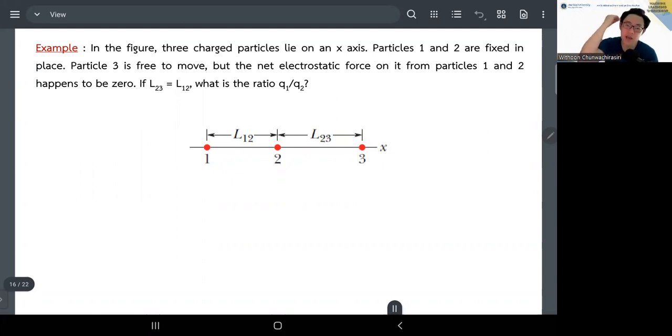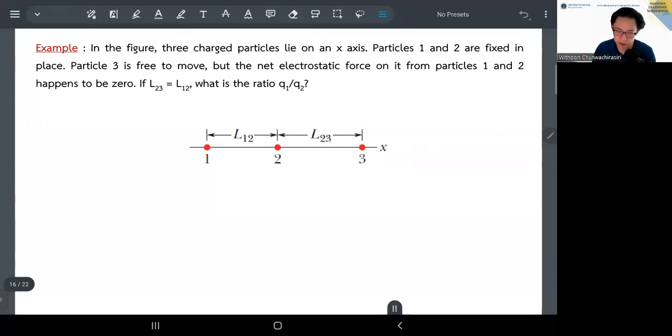All right, but I think you guys get an idea of what we are trying to do here, right? So the information is that at the location of particle number 3, there is no electrostatic force. Okay, so when they say something like this, one way to think about it is: what is the force on 3 due to particle number 1?